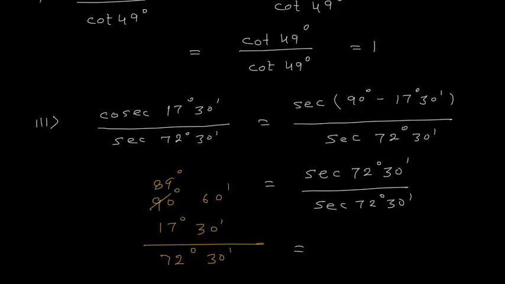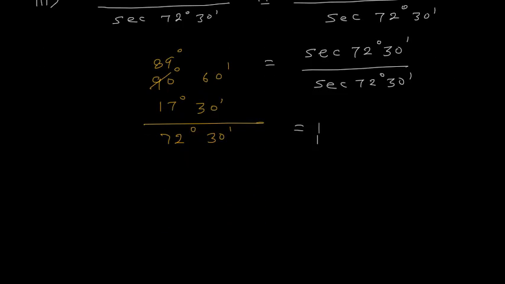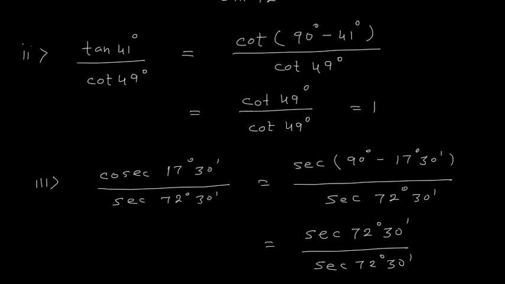Now both are same, so they will cancel and I will get result as 1. I hope you understood how this subtraction we have done. This is similar to the subtraction what we do for decimal numbers. Yes? Okay. So this is how we have used complementary angles. We have solved the problems related with complementary angles.